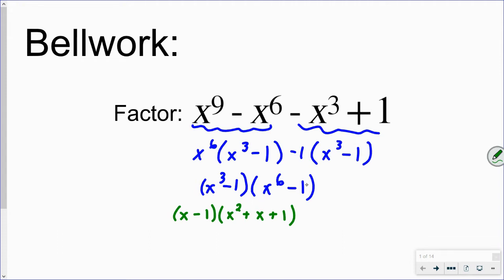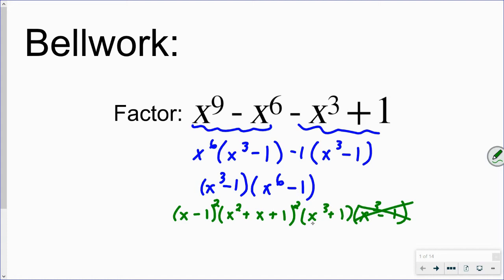So I noticed that this is a difference of squares. So that's x to the 3rd plus 1, x to the 3rd minus 1, which we had x to the 3rd minus 1 right here. So we actually have this twice. So instead of rewriting that, I can just write this as squared and get rid of that term.